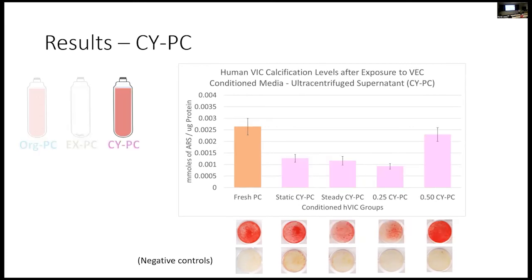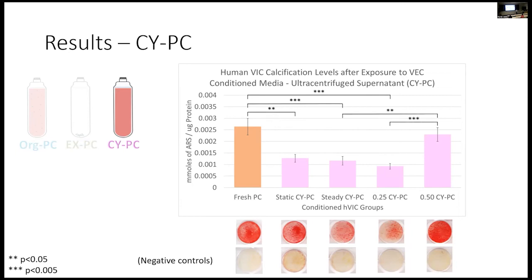And then in the next study with the pro-calcific cytokine supernatant, we see a significantly lower calcification between the fresh positive control and the static and steady at 0.25 OSI. Everything is lower with the exception of 0.5 OSI. And if we compare the 0.5 with other flow groups, we also see a significant difference.